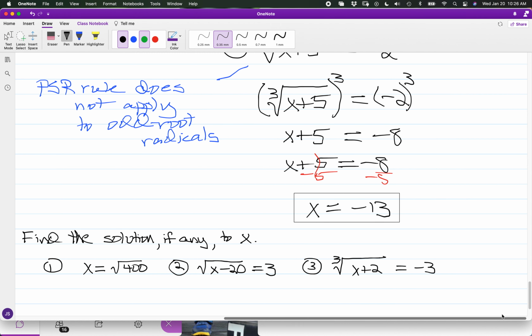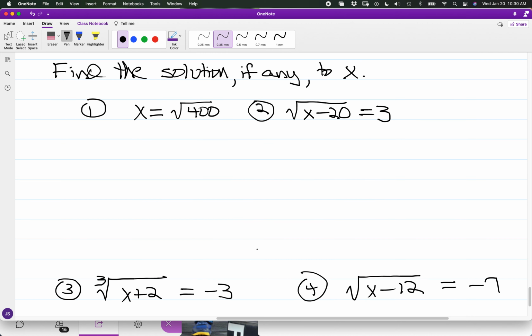And we'll say finally, okay, then we have the square root of x minus 12 is equal to -7.